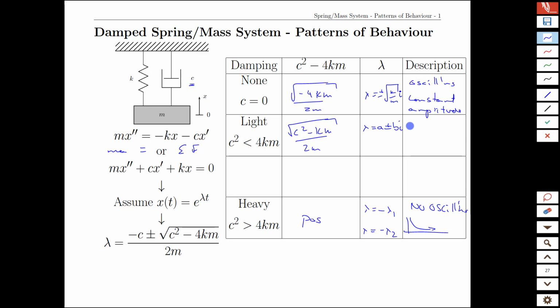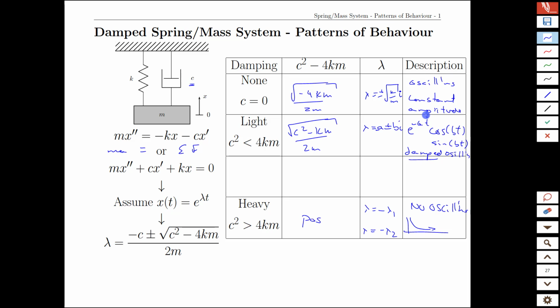We get solutions like e to the negative at, technically it should be negative a because it'll be a negative coefficient, times cos bt and sine bt, and we call those damped oscillations. They still oscillate, but the amplitude is going to decrease with time.